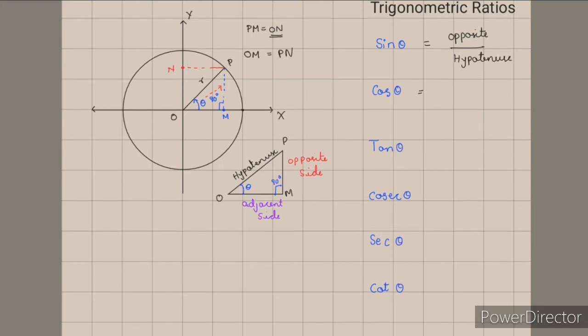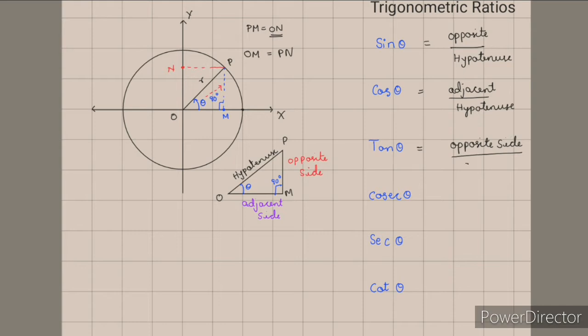Similarly, cos theta is defined as adjacent side by hypotenuse. Similarly, tan theta is defined as opposite side by adjacent side.